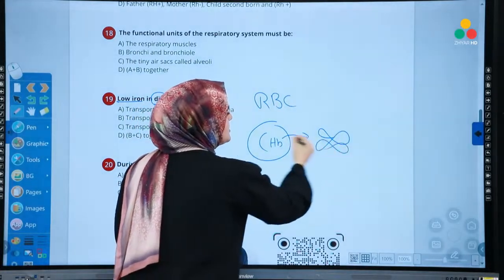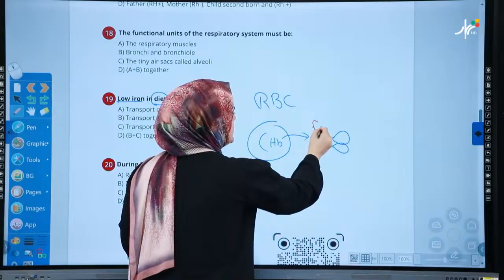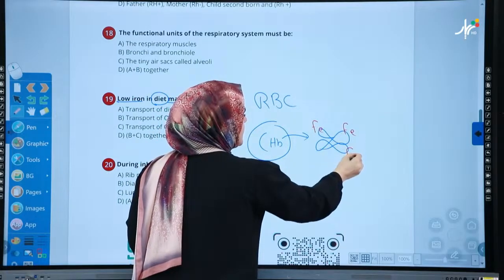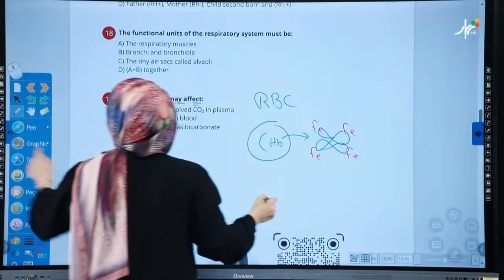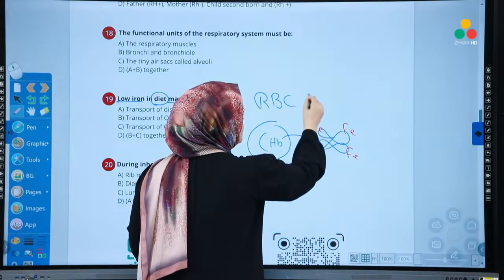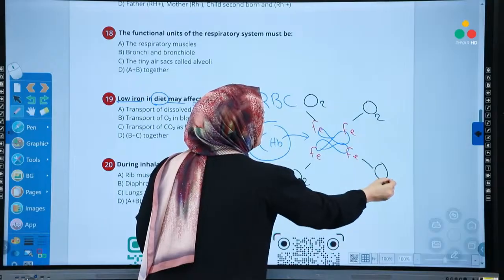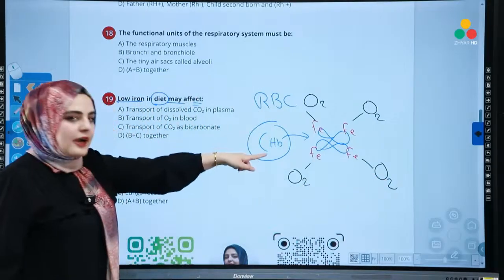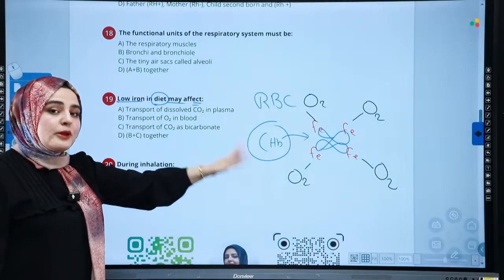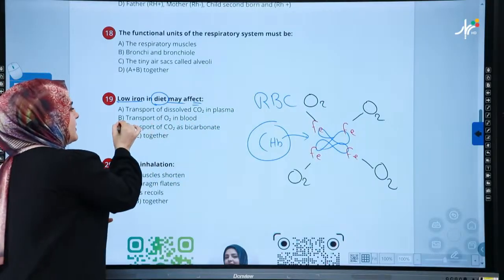Hemoglobin is a protein that has 4 irons attached to it. Each one of those irons has the ability to attach to one oxygen molecule. So if you have low iron, it means you have low hemoglobin, and it definitely affects the oxygen. Let's not forget about it.